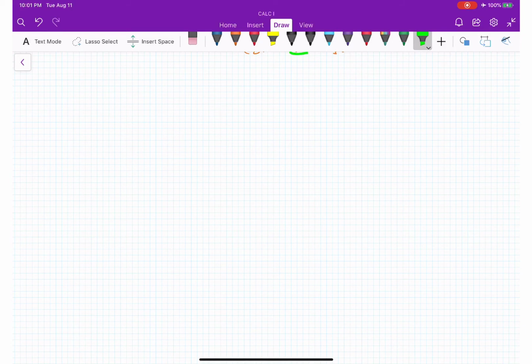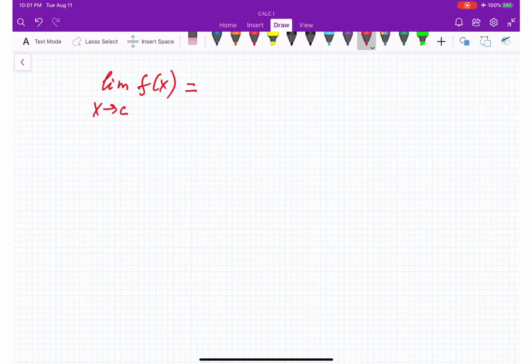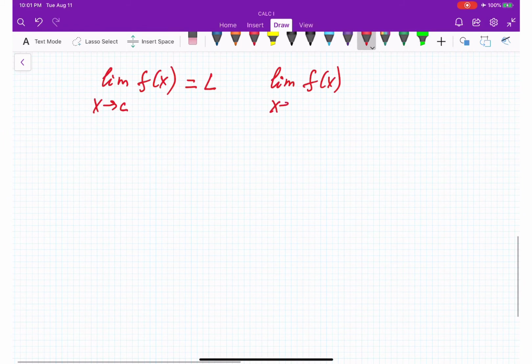Let's assume the limit of f of x as x approaches c is equal to L, and the limit of g of x as x approaches c again is equal to k.